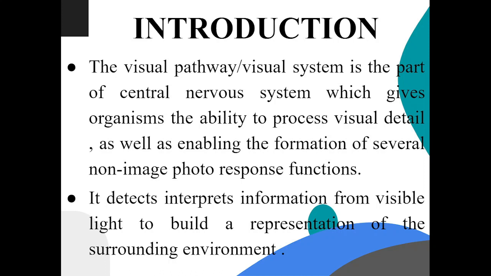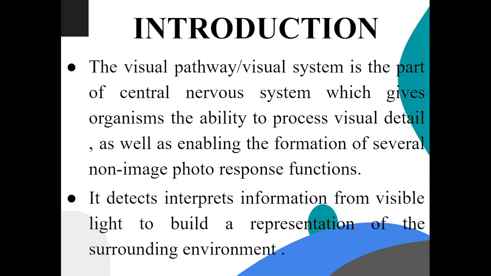The visual pathway refers to the series of structures and processes involved in transmitting visual information from the eyes to the brain, where it is interpreted as the image we see.